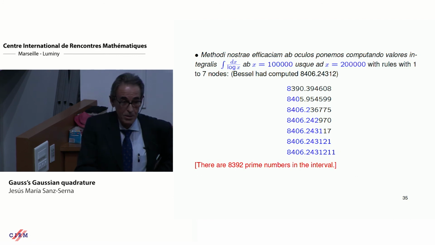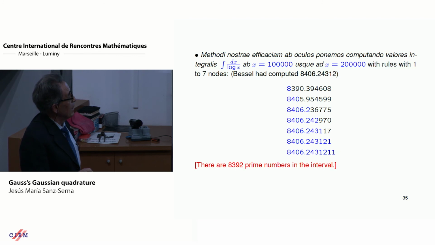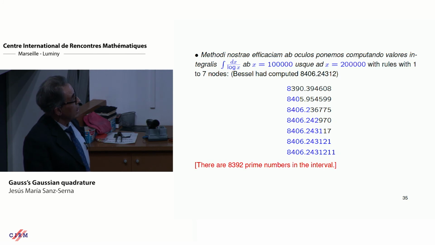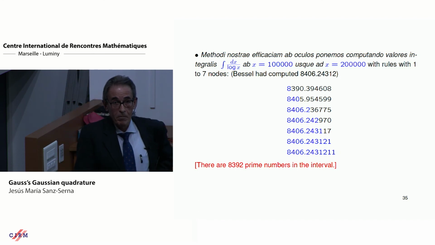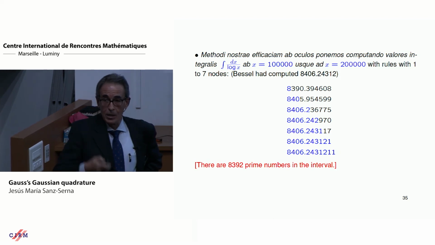So I think this is the reason he was interested in this particular integral. So I checked, and the number of primes in the interval is 8,392. The integral is 8,406. So I suppose Gauss was encouraged that the density of prime numbers is the reciprocal of the logarithm.